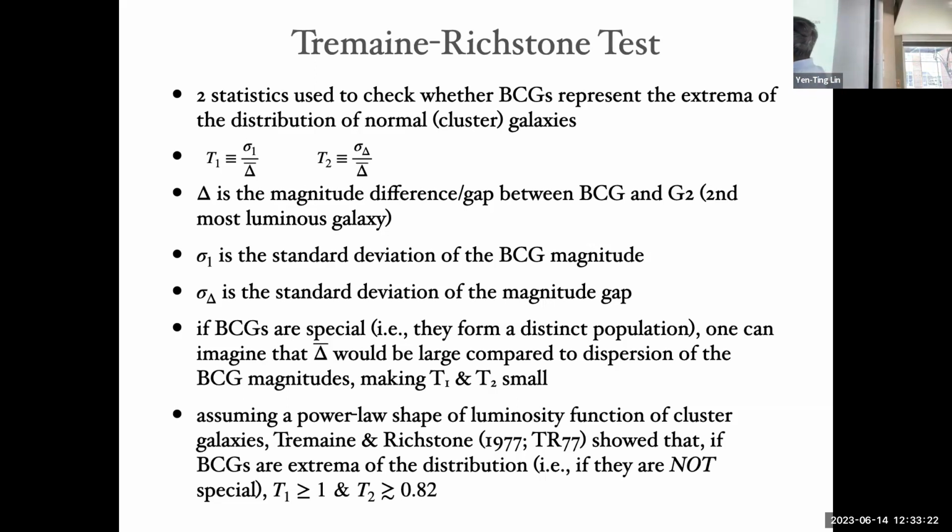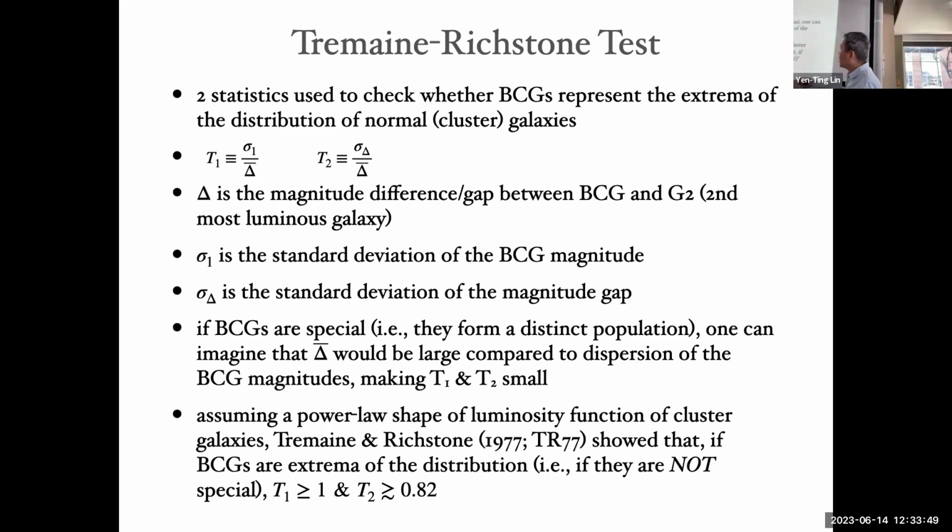So T1 is defined to be sigma 1 over mean delta, and T2 is sigma delta over mean delta. If BCGs are special, namely they form a distinct population, one can imagine that delta will be so big compared to the spread of the BCG magnitudes, and that will make both T1 and T2 small.